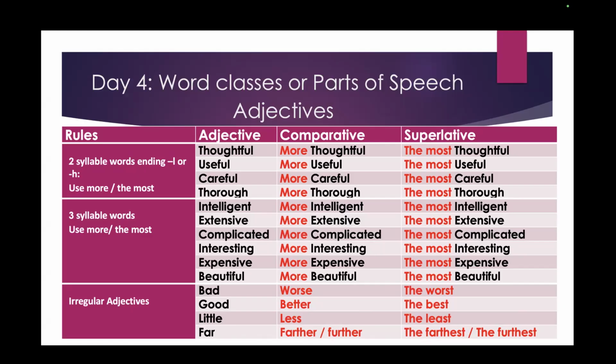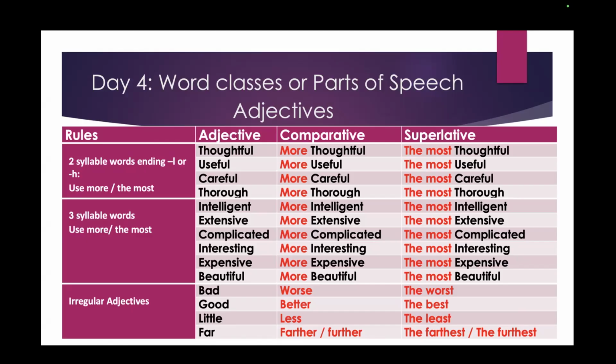So these are irregular adjectives that change completely if we are using them in their comparative and superlative manners. And of course, as I say frequently, this is something that will come with practice. And you will know without much thinking if you had to add ER or EST, or if you have to use more and the most.